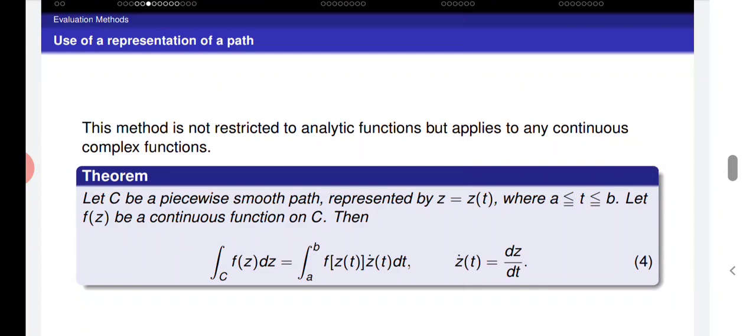Let f(z) be a continuous function on C. Then the integral over C of f(z) dz is equal to the integral from a to b of f(z(t)) z dot(t) dt, where z dot(t) = dz/dt is a simple differentiation.